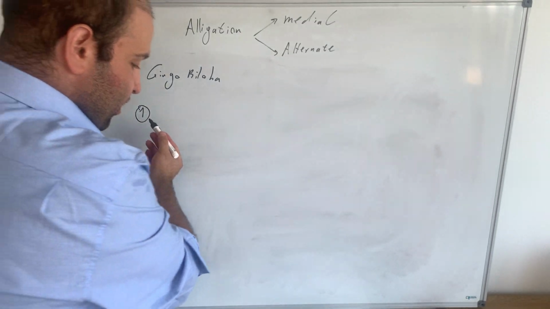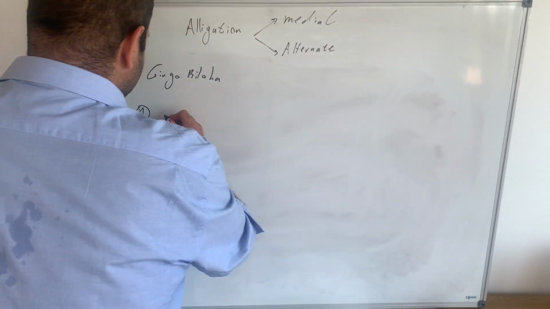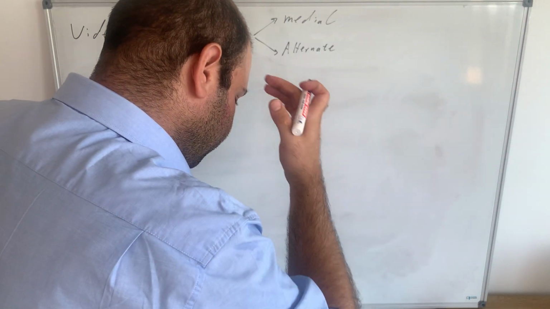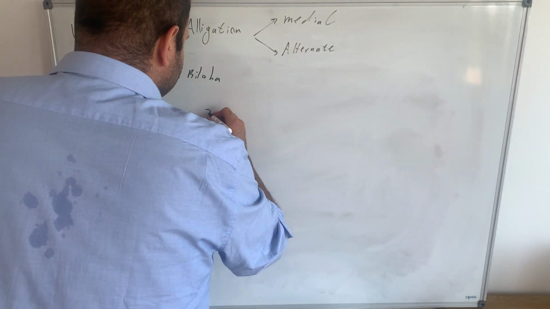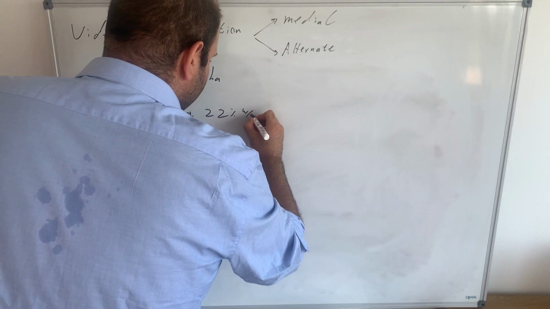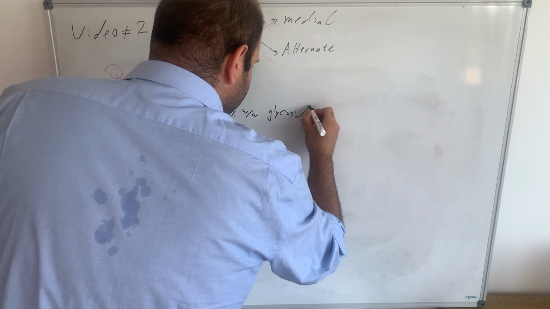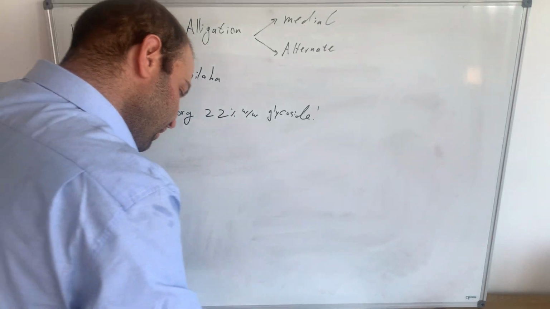In the first one, it says 200 gram of leaves of ginkgo biloba containing 22% weight per weight glycoside. One of the main active ingredients of ginkgo biloba is glycosides.